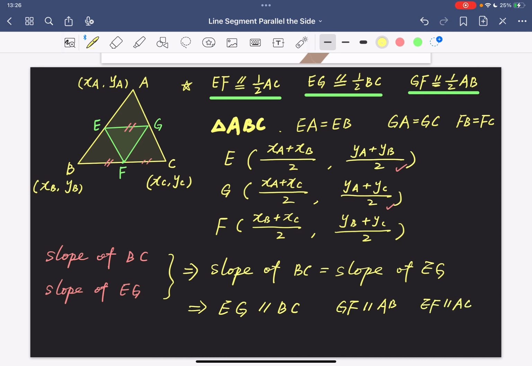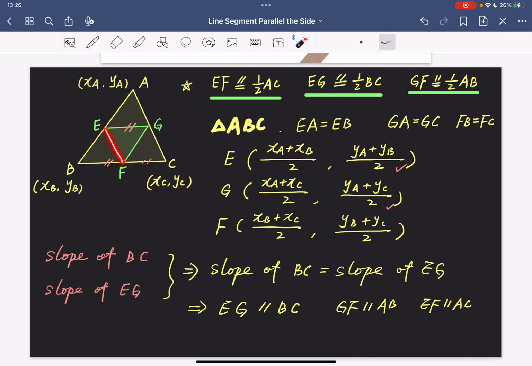So this one is a parallelogram. Why? Because EG is parallel to BC, and BA is parallel to GF. So this shape should be a parallelogram.